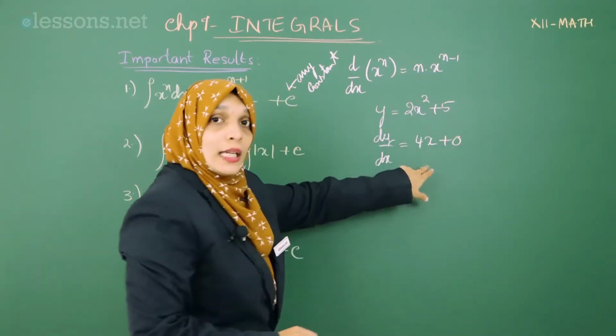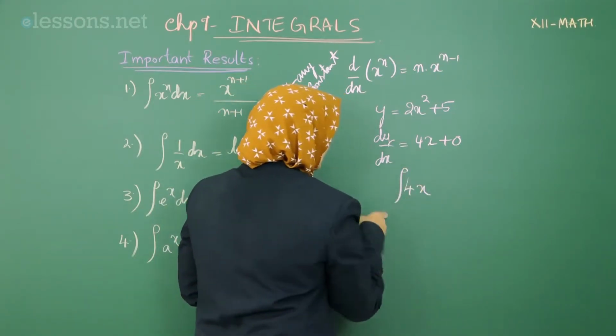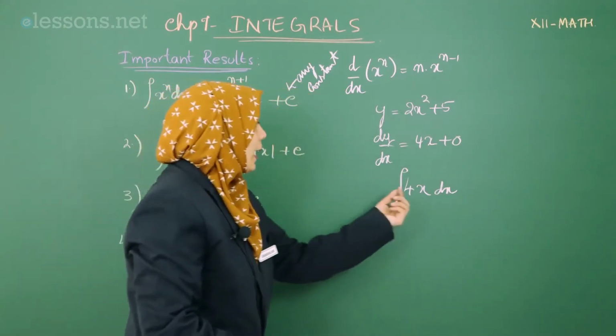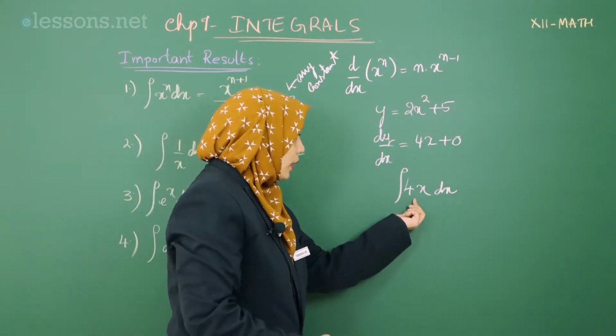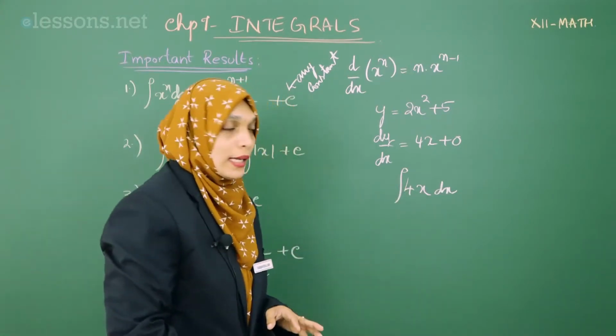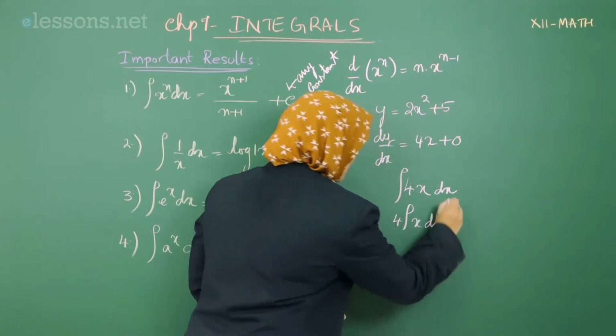So when I integrate this, integration of 4x dx, the 4 is a constant, so it will remain as it is with the function. I can write it as 4 times integration of x dx.